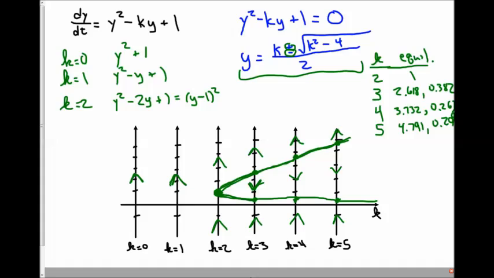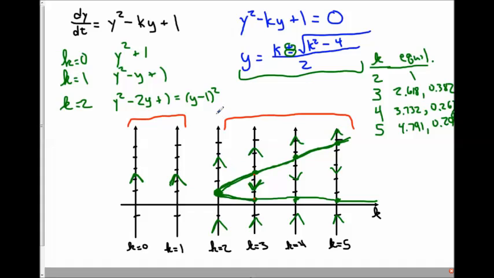But this is really cool, and this is something we want to notice when it comes up in a parametrized family. A difference in behavior between these guys and these guys. So for k bigger than 2, we actually have 2 equilibrium solutions, and other than those we have 3 basic different kinds of behavior: an up, a down, and an up.